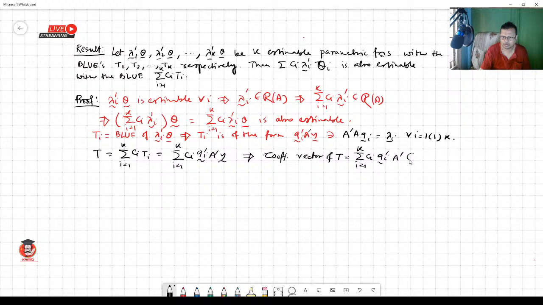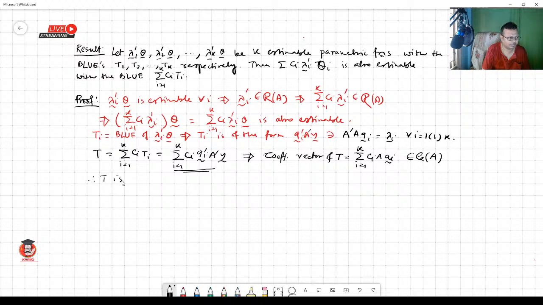So this belongs to the column space of A. Sorry, this is a mistake. Actually the coefficient of Ti means the transpose of this portion. So this should be the sum of Ci A Qi. So this belongs to the column space of A. Okay.